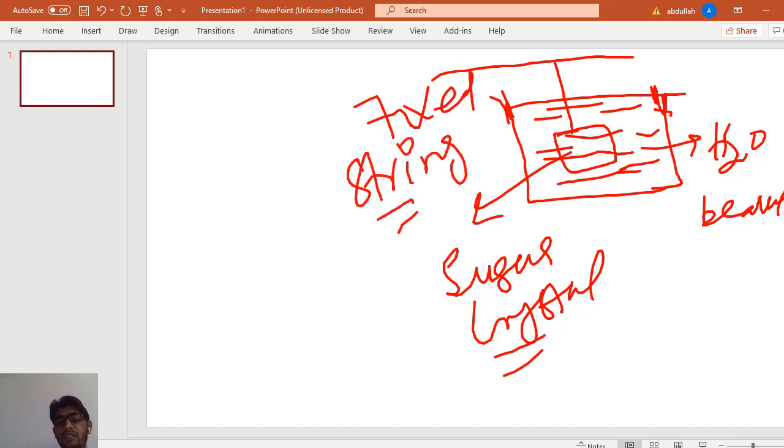Now due to the concentration gradient, the natural convective mass transfer process will take place. Now if someone is interested to increase the mass transfer rate, then he will put some stirrer in it.